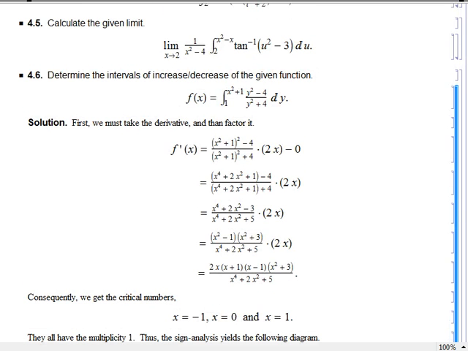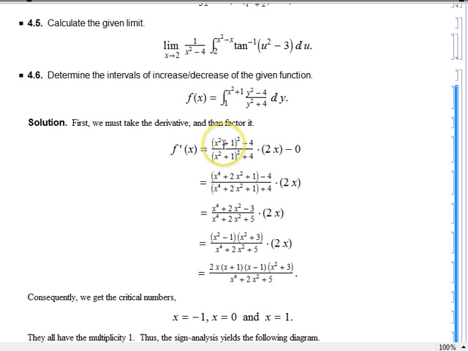So let's take the derivative, which means plugging x squared minus x in place of, excuse me, what am I talking about? It's x squared plus 1. Okay, plug in x squared plus 1 in place of y.